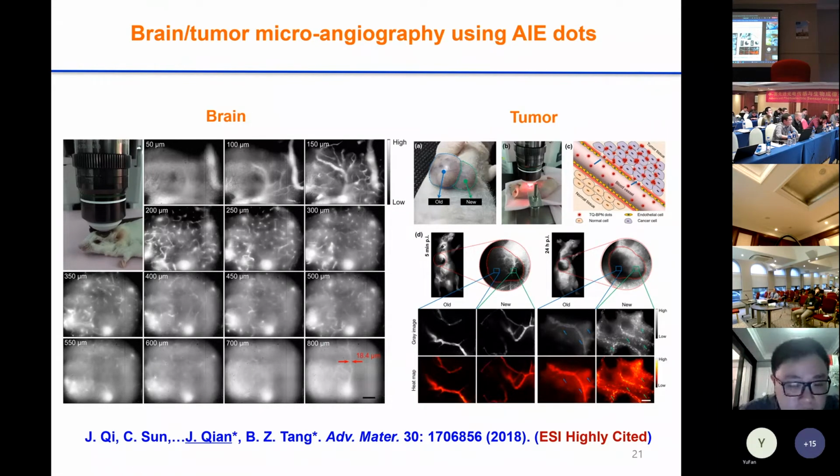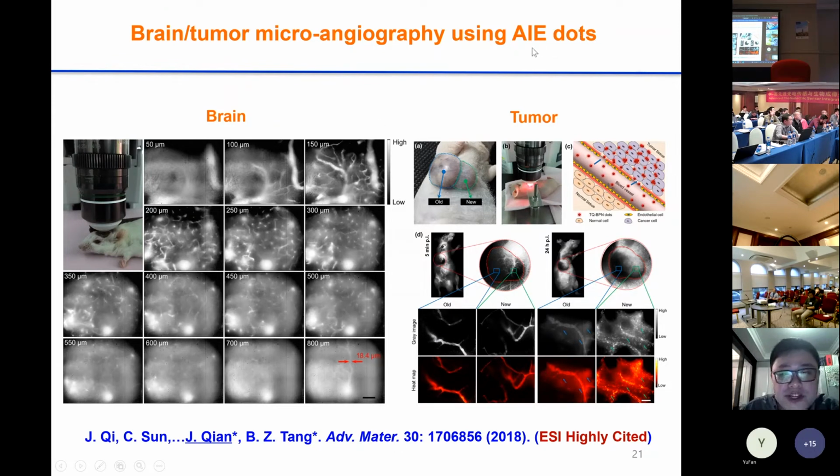First, we used fluorescent probes called AIE dots. Tomorrow afternoon, Professor Benzhong Tang will give a detailed introduction about the AIE dots in his plenary talk. Here we also collaborated with Professor Tang and used the near-IR AIE dots.